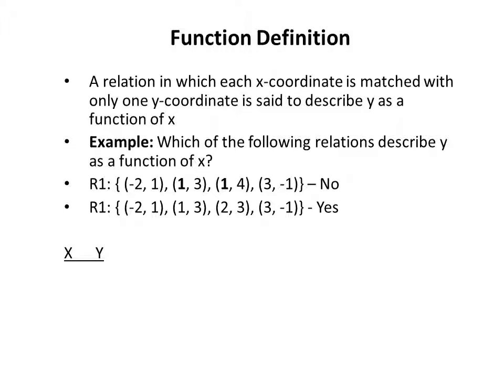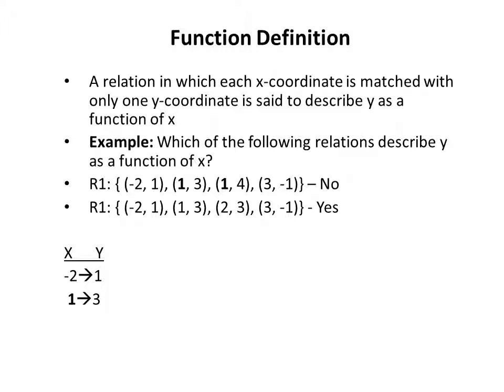You see that the same 1 is mapping to two different points in y, and it does not meet the definition criteria, which is each x coordinate matched with only one y coordinate. Therefore, this relation does not describe y as a function of x.